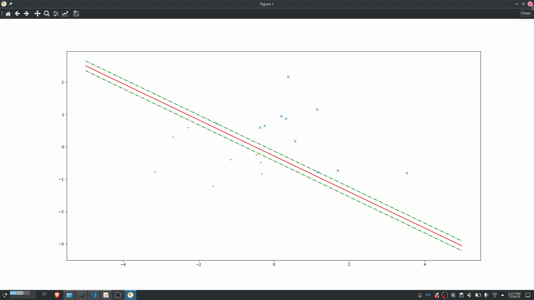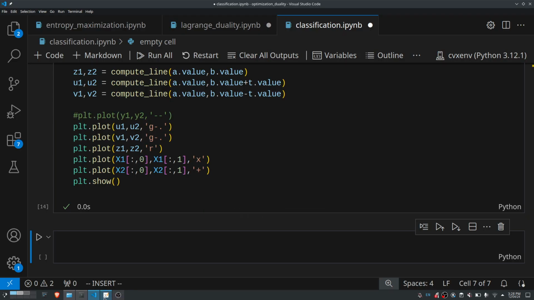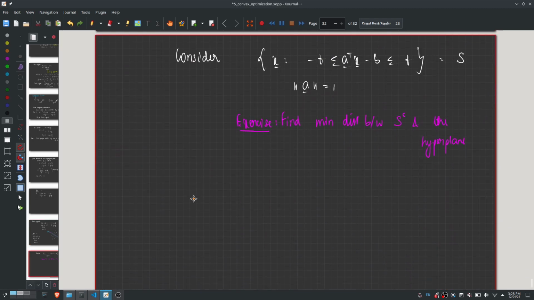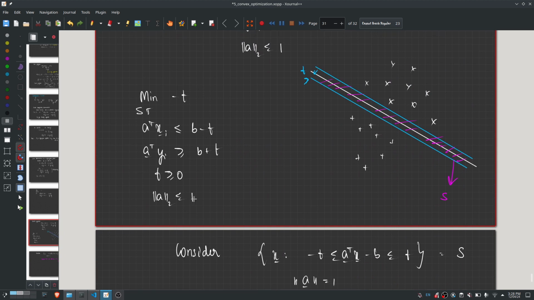So this is one solution, but let's also try to look at this problem in the dual form, right? What would the dual optimization problem look like? So this is my primal optimization problem.